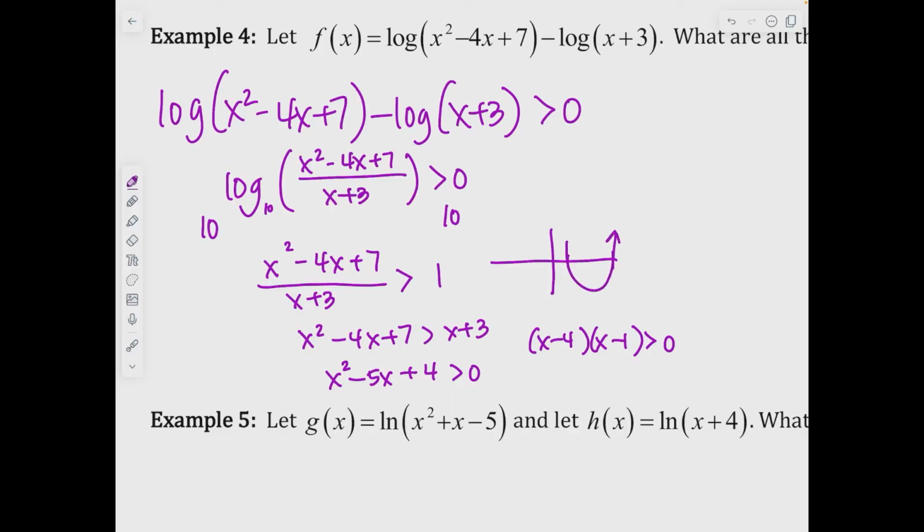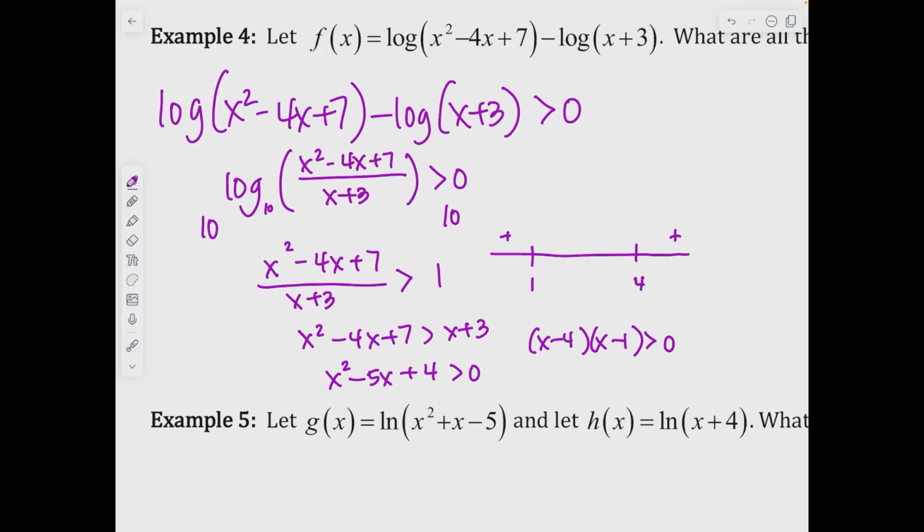Because this is a parabola that opens up, all parts that are greater than 0 are to the left and right of my zeros, right? So if you think about it that way, when I do a real sign chart, there's 1, there's 4.